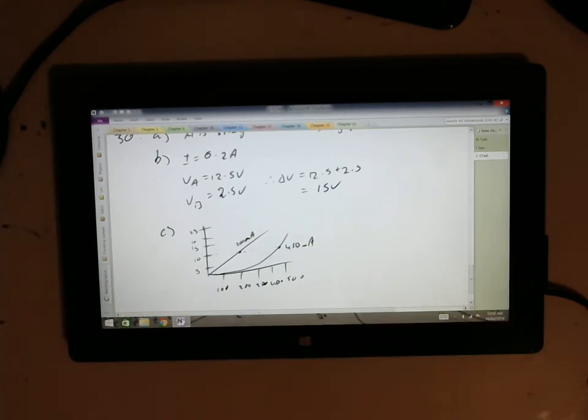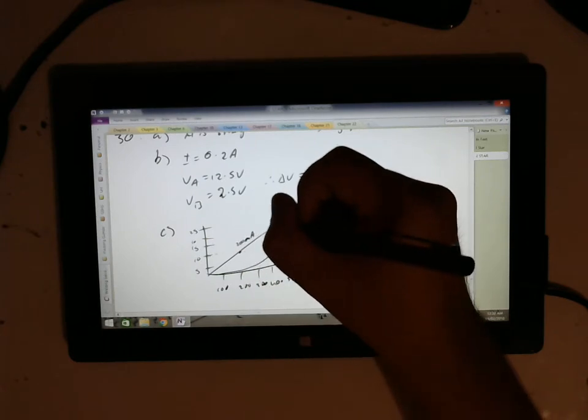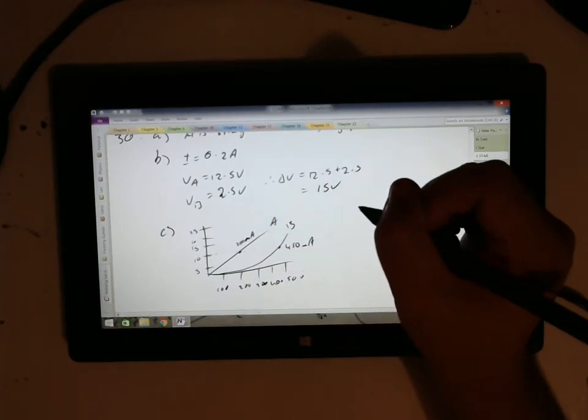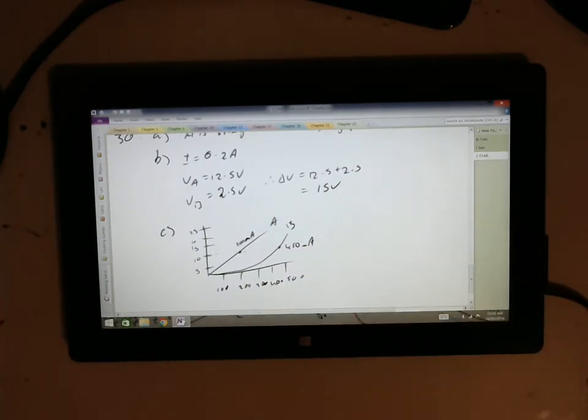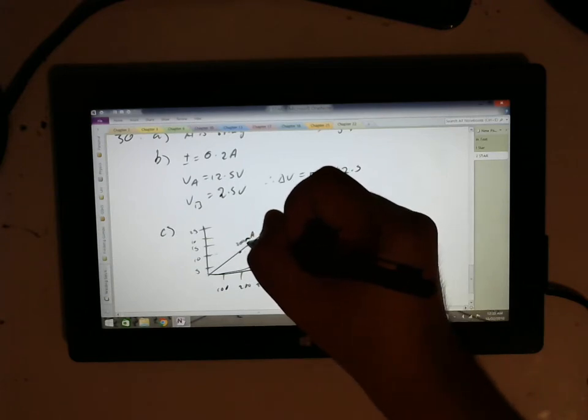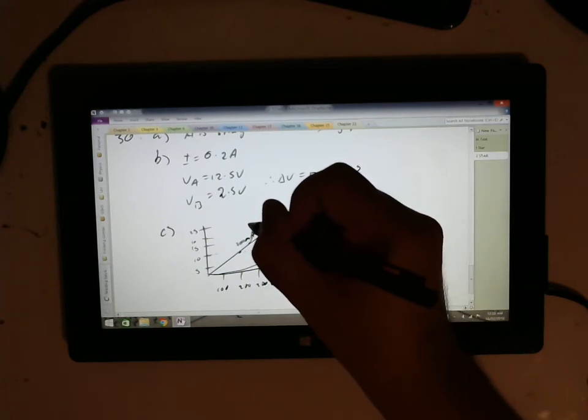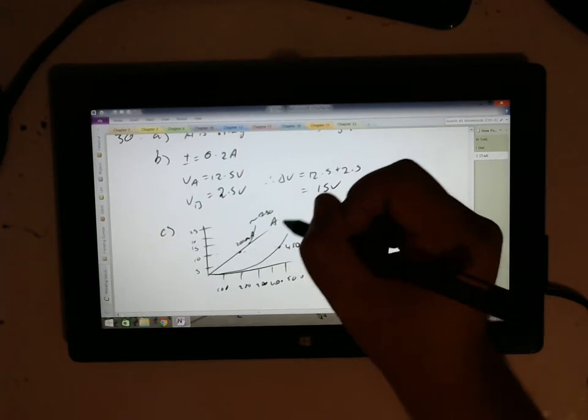Okay, so we're looking for a place where the current on A is half the current on B. So if we look along that, eventually you'll find the point of 15 volts. If we scroll across from 15 volts, we get to around here in the middle, which is pretty close to 250.